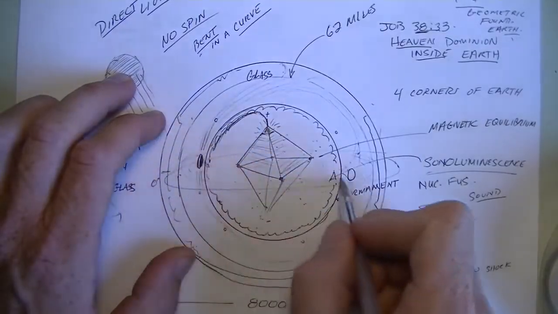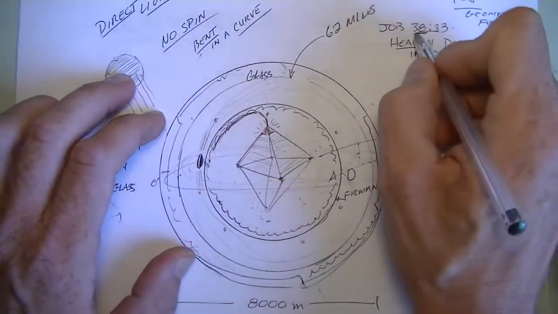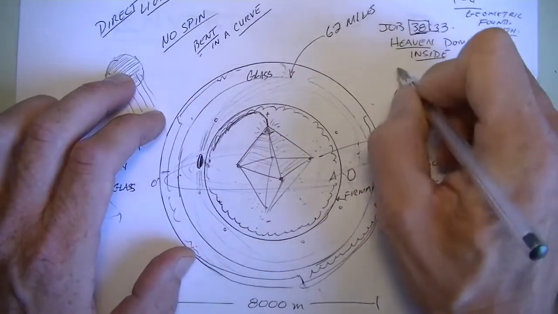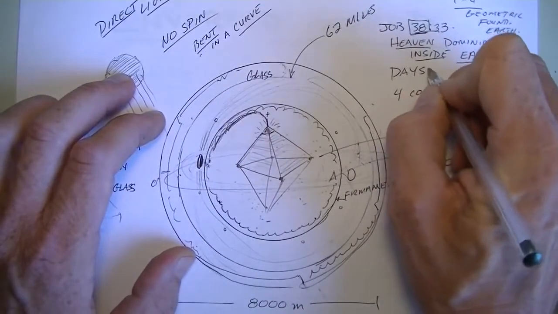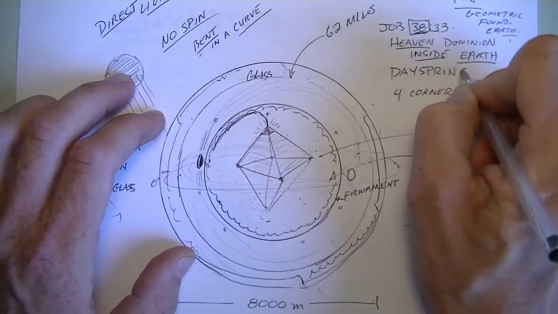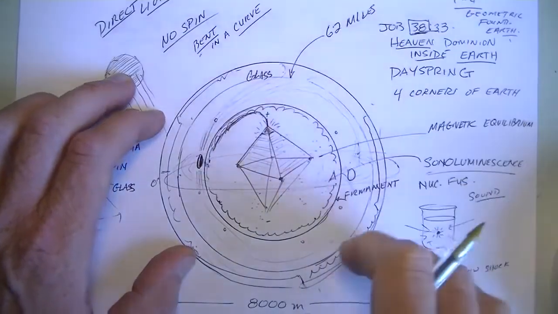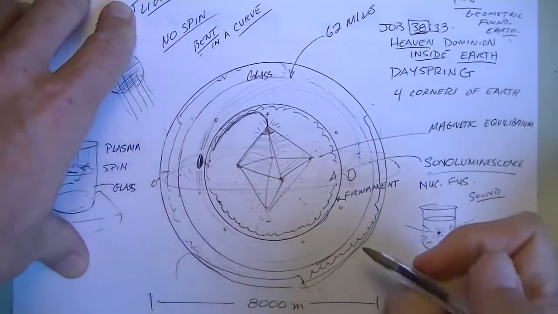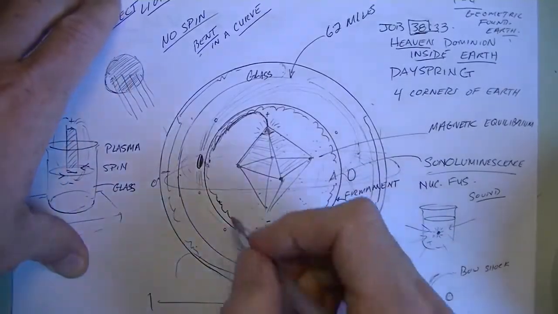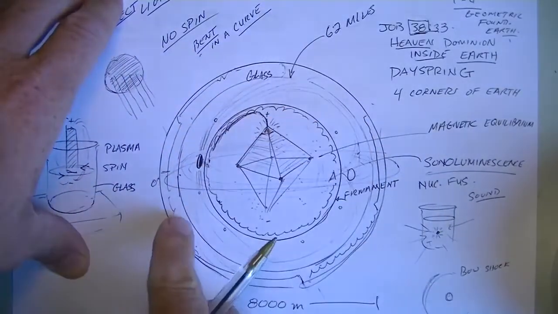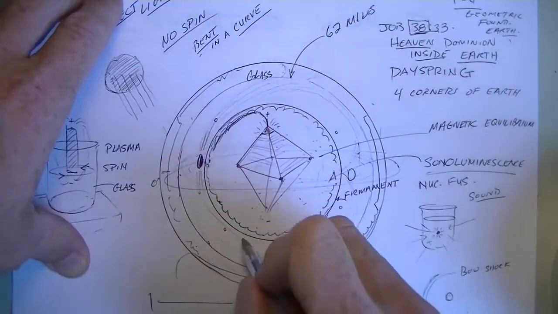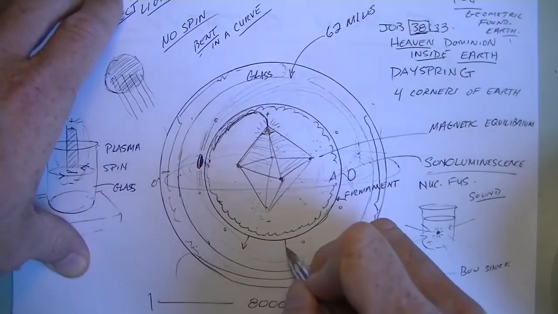There's an ecliptic here, okay? In Job chapter 38, it calls the ecliptic the day spring. Okay, so they're moving around like that, okay? Okay, now during the flood, now pretend this line isn't here yet, okay? It says that the windows of heaven were opened.